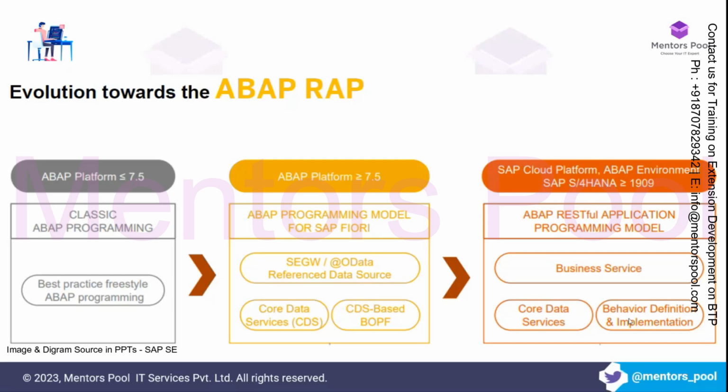But now we have the ABAP RESTful programming model, which first started with ABAP on cloud, that allows us to build behavior definitions in core data services and business services. On top of that, it allows us to build UI5 Fiori elements-based applications. So that's how SAP ABAP has grown from classical ABAP programming model to RESTful ABAP programming model.